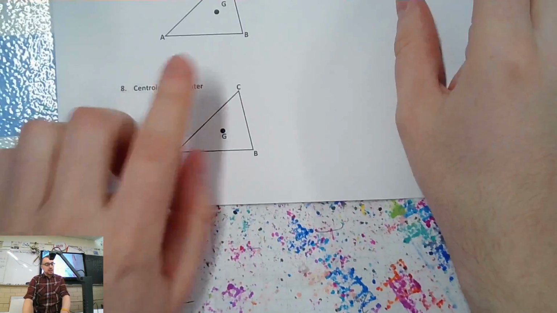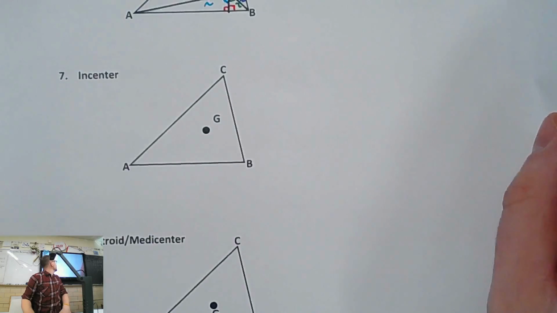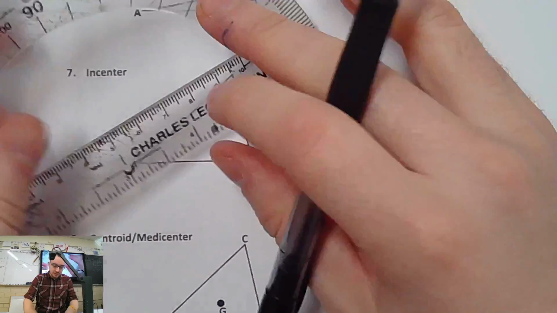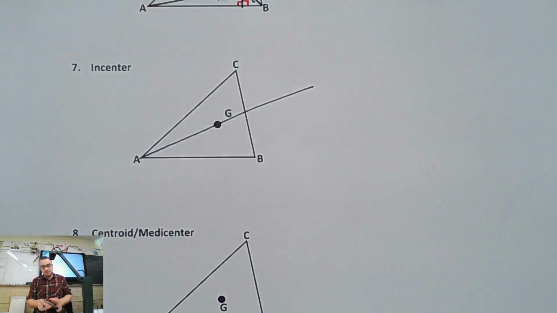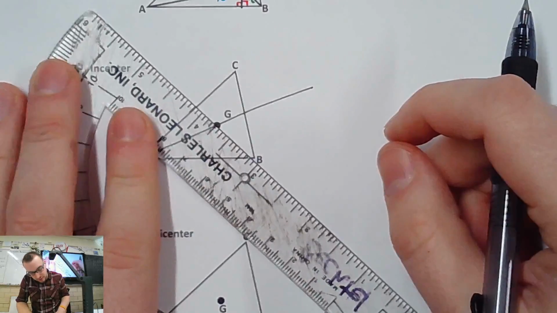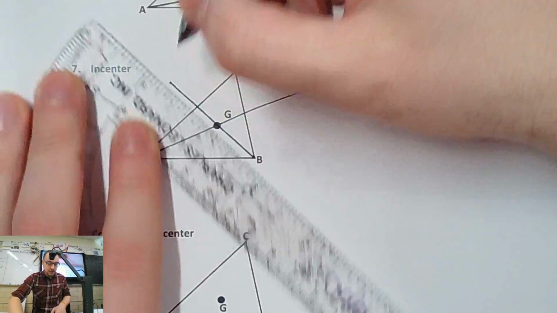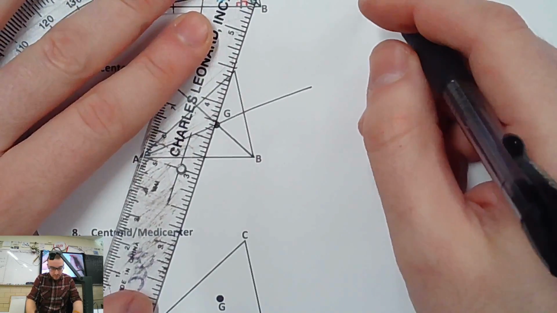If G is the in-center for this triangle, angle bisectors, right? So whenever I draw from A to G, that must cut that angle in half. There's my line. Remember, these lines don't have to stop anywhere important. They don't hit a midpoint or anything, so I just draw them straight through. You don't have to if you don't want to, though. The reason I do that is because it makes it easier to see them.